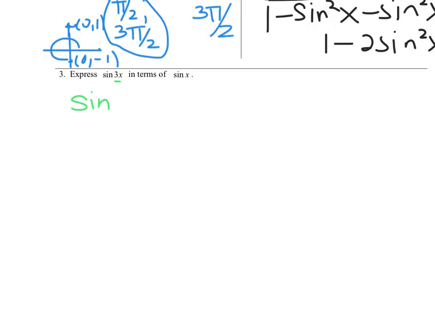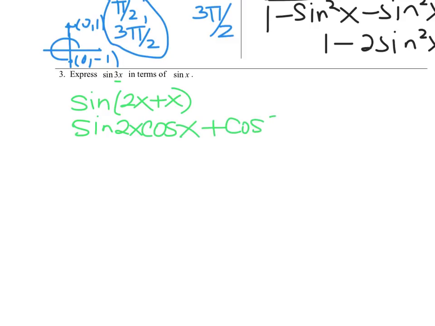I don't know what the big deal is, but I'm going to stop complaining and just get to it. Here we go. Sine of 3x is the same thing as sine of 2x plus x. And then I can use my sum of two angles formula: sine, cosine, cosine, sine. So sine 2x cosine x plus cosine 2x sine x.